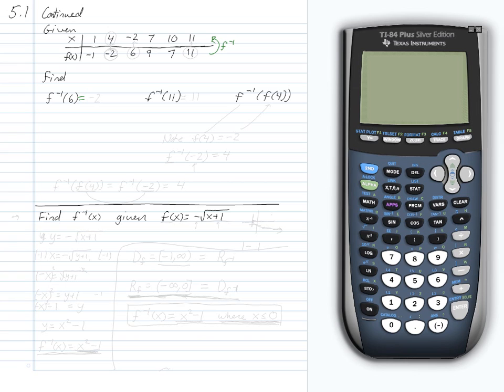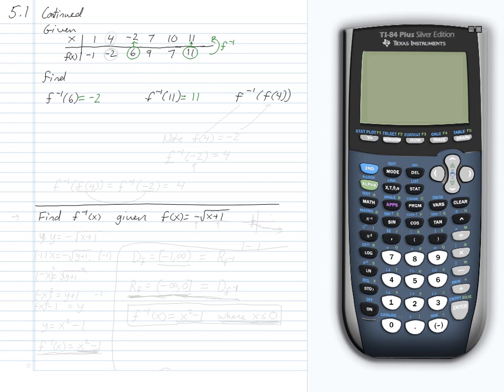So f inverse of 6, I'll look for 6 as an output, and I'll see that it goes back to negative 2. F inverse of 11, I'll look for 11 in the output pile. And what does that go back to? It goes back to 11.